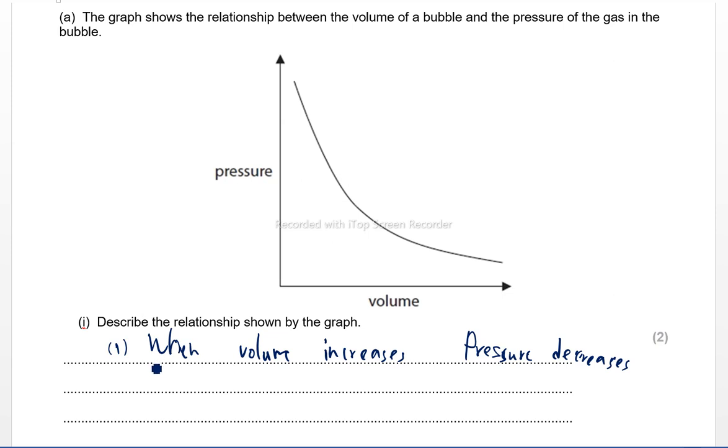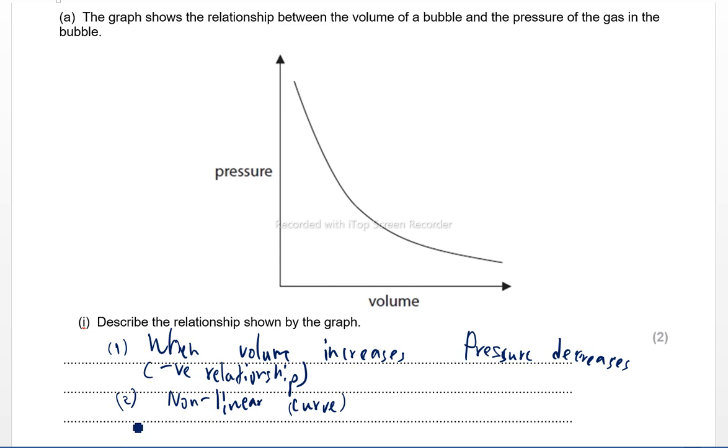So we can say this is a negative relationship also. Negative relationship means it has a negative gradient. Second thing I can say is it's non-linear, or it's a curve.